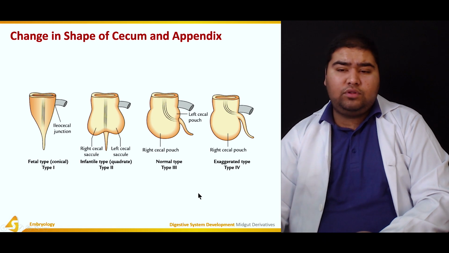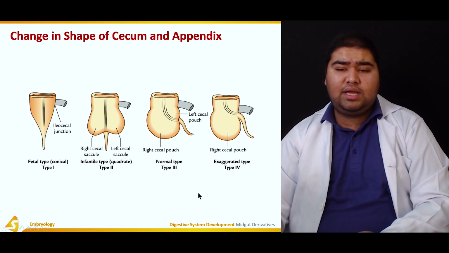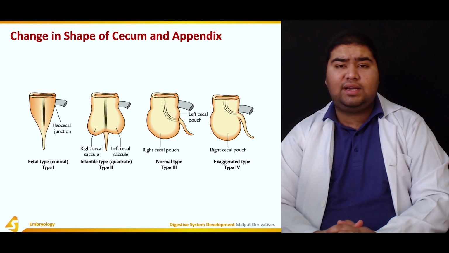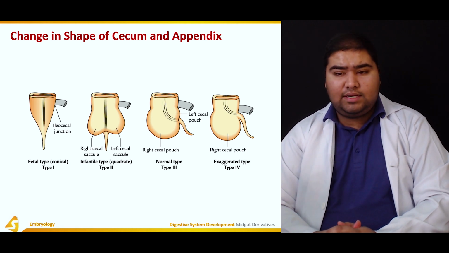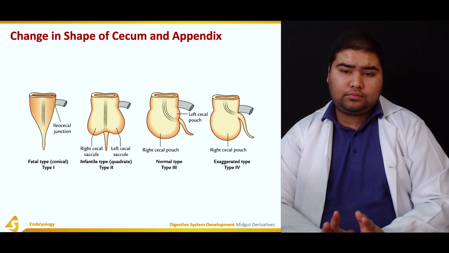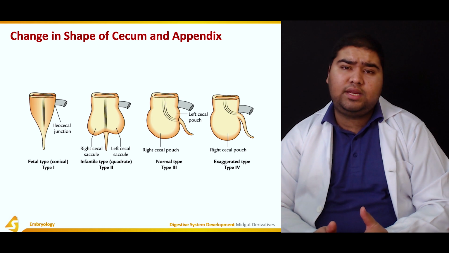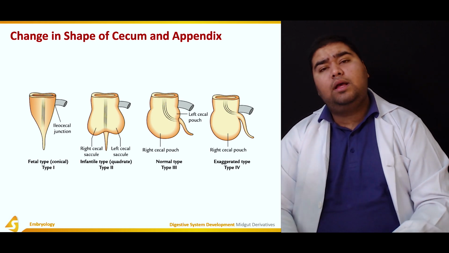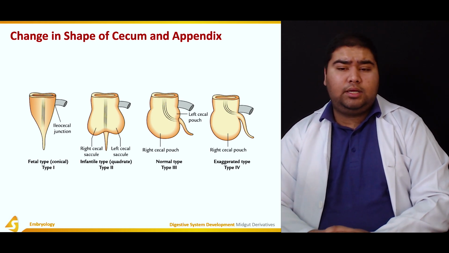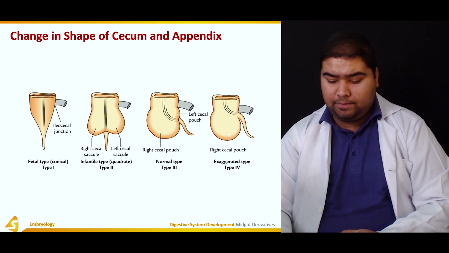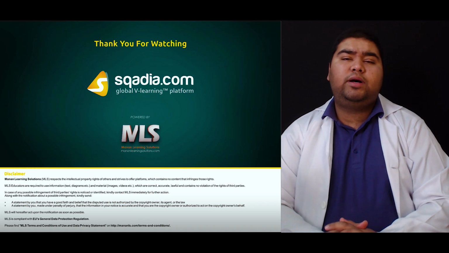And the fourth is the exaggerated type, in which there is exaggerated growth of the right cecal saccule, as a result of which the appendix is pushed further posteriorly and to the left, along with the ileocecal junction.